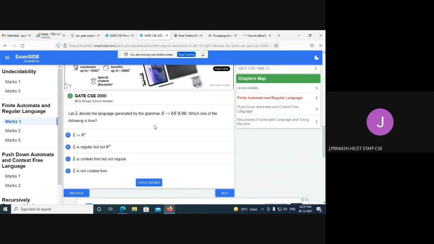Okay, next one. Let L denote the language generated by the grammar S implies 0 S 0. Which one of the following is true? Any guess?